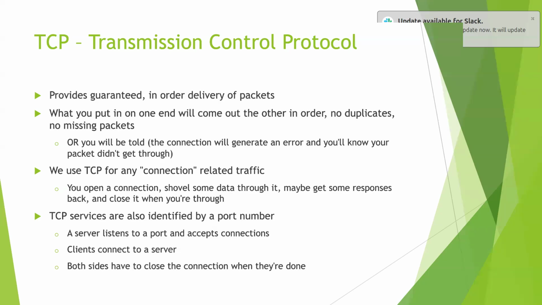Every packet that's sent, it sends an acknowledgement back and then it sends the next packet. Yes. Okay. It can send multiple packets before it gets any acknowledgements back. Okay. But there is an acknowledgement for each packet sent.